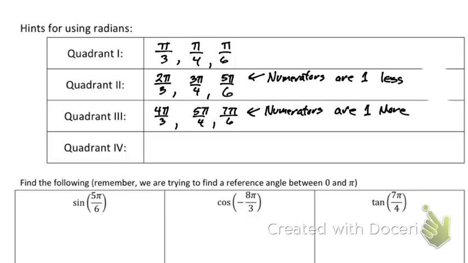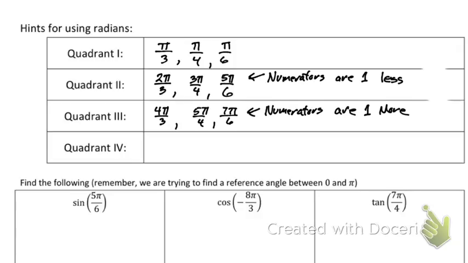And that makes sense, because pi is our 180. So if you think of 5 divided by 6, that's pretty close to 1 pi, but it's definitely a little bit less. 7 divided by 6 is a little bit more than 1 pi.